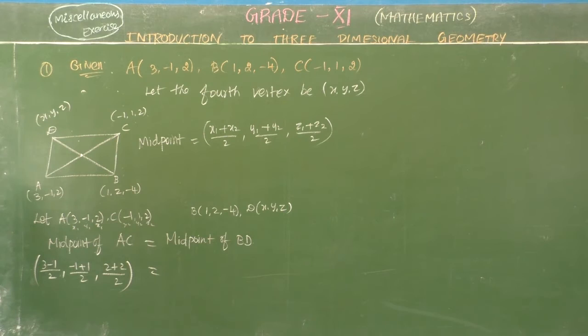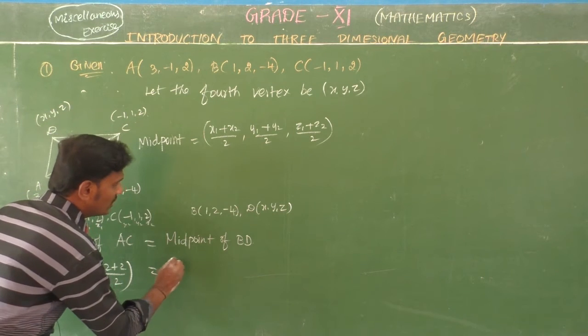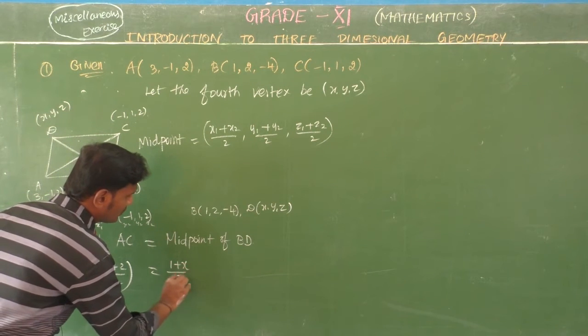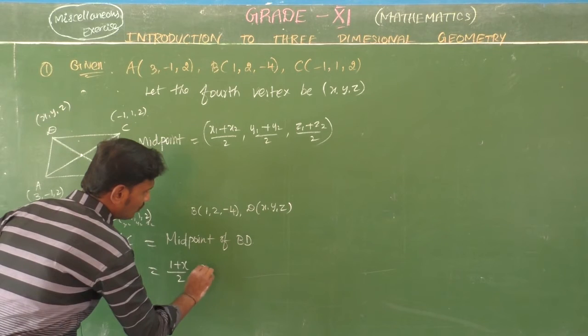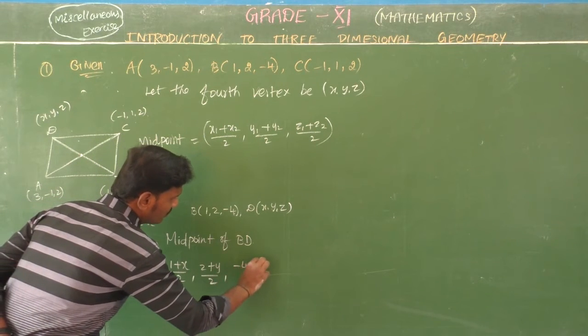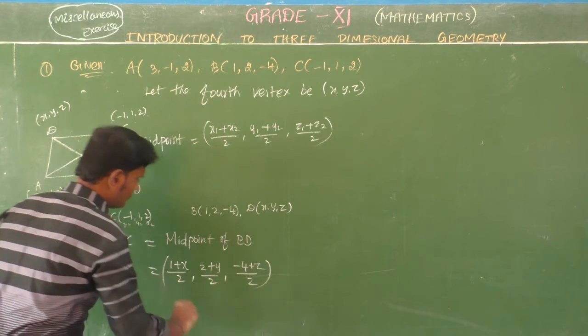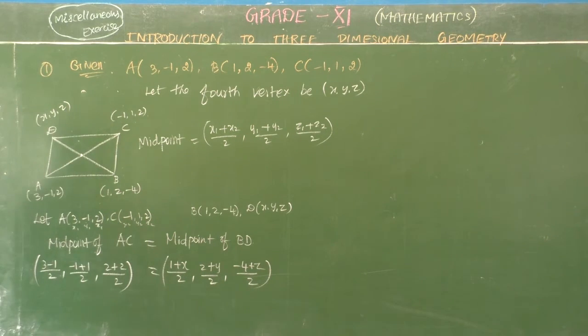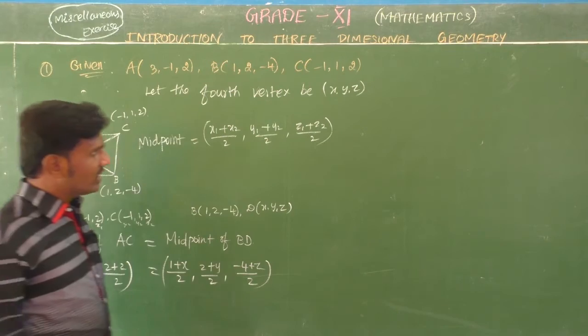B is (1, 2, -4), then D is (x, y, z). So ((1 + x)/2, (2 + y)/2, (-4 + z)/2). Now add and see what will come, students.